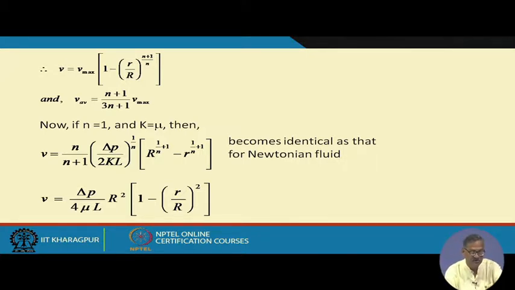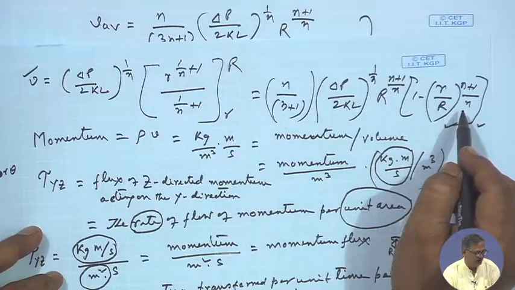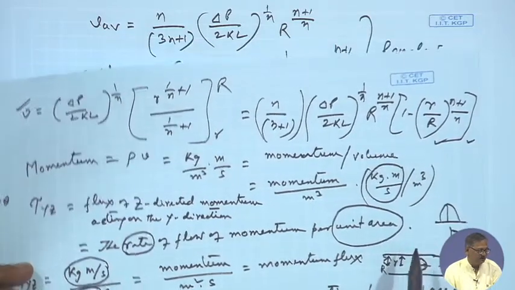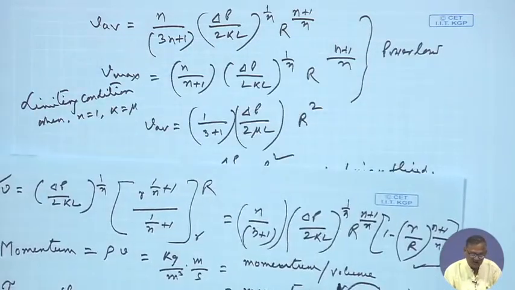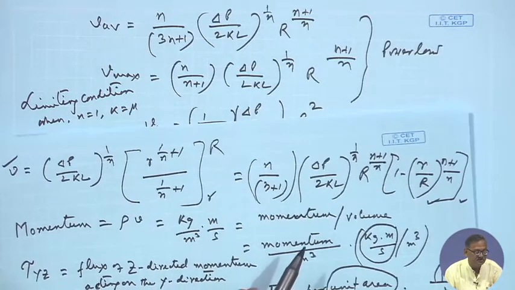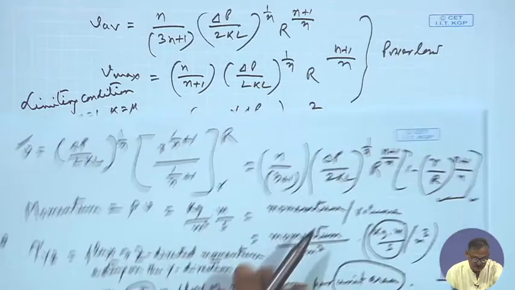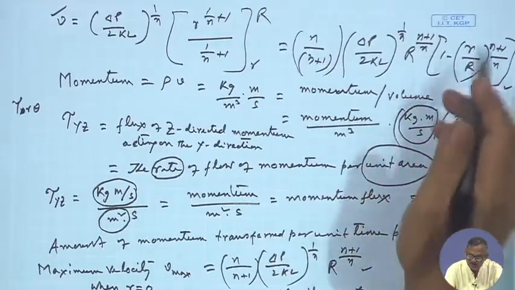And V we had shown that V was n by 3n plus 1, delta p by 2 k L, R to the power n plus 1 by n, into 1 minus (r by R) to the power n plus 1 by n, right.